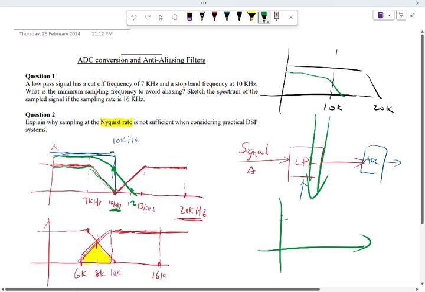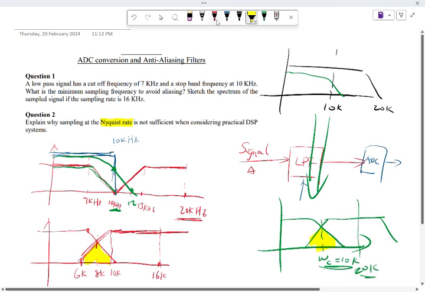So the cutoff frequency is 10k, but you still have something left beyond 10k. So when you do the sampling at 20k, you think you've doubled the cutoff frequency, but you actually still can have aliasing despite the anti-aliasing filter.